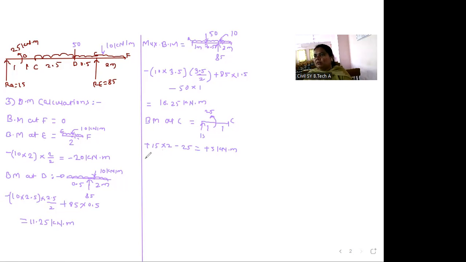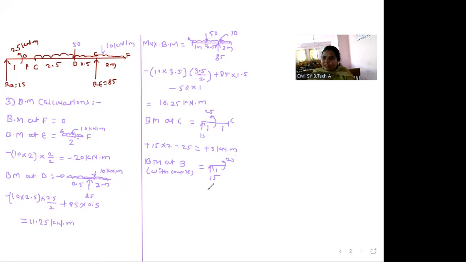After that we will calculate the bending moment at B with couple. Okay, so the bending moment at B, considering couple, is equal to... span is here 15 and here 25, and this is 1 meter.